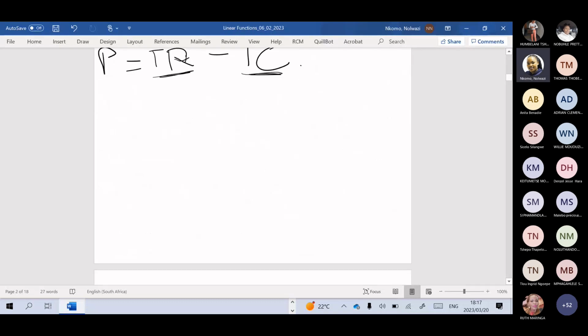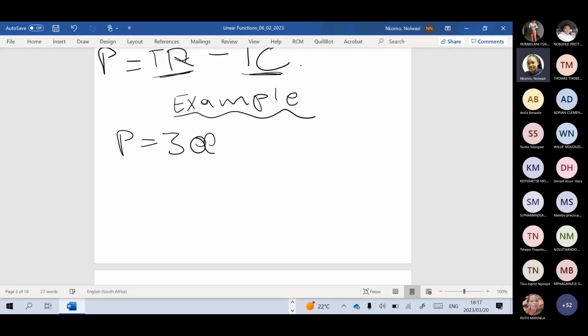Suppose we are given a demand function as P equals 300 minus 3Q, right?